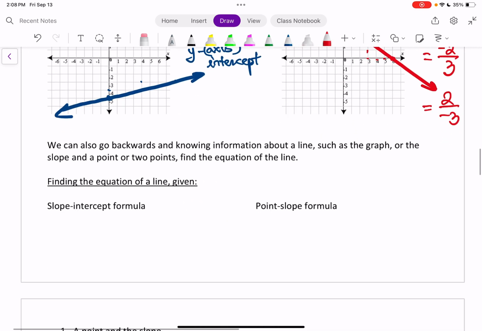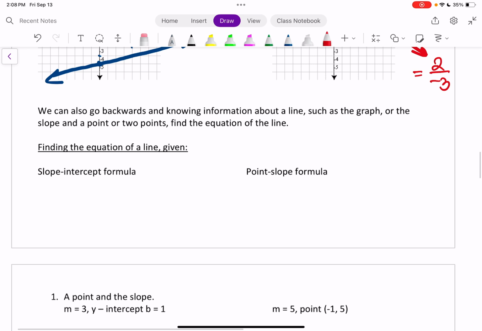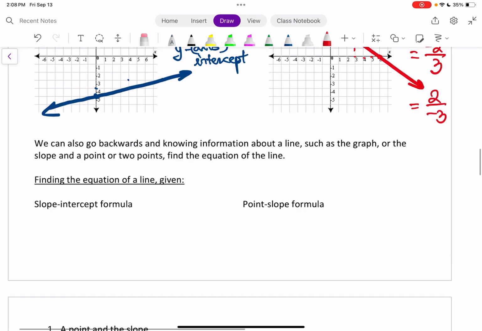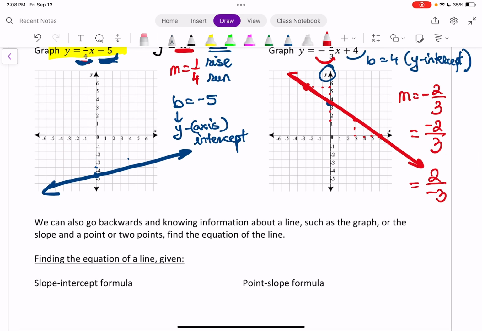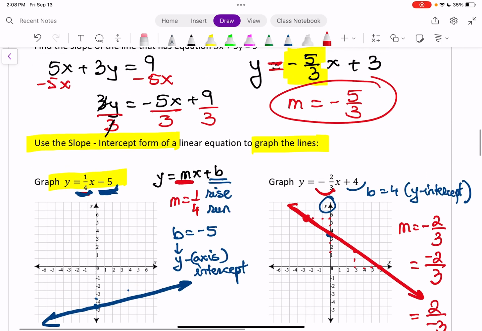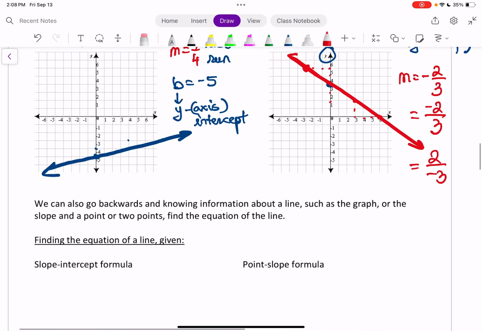And not only that, but we could also go backwards. And given certain information, such as maybe the graph of the line already, right? Here's the graph of a line. Or maybe we know the slope and a point, or the slope and the intercept, or 2 points. We can find the equation of the line.